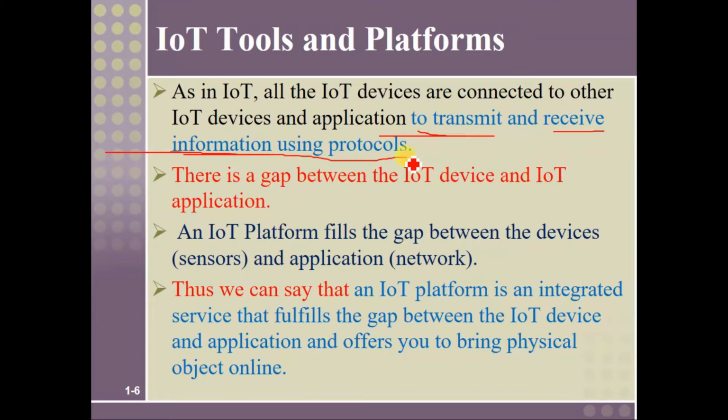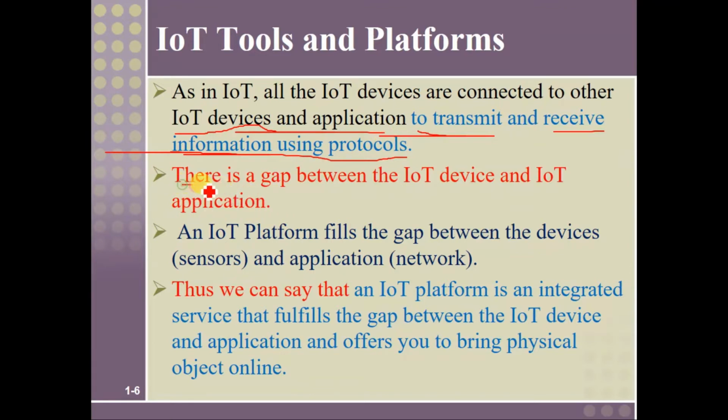If we can't use IoT platforms in the connection between IoT devices and their applications, there is a gap. Such platforms are dedicated to fulfilling the gap that exists between IoT devices and their applications, guys. Am I right?